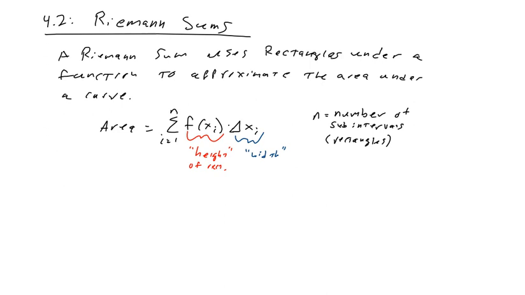So you multiply height times width, and then add up all the different rectangles to get the area. That area represents the approximation of the area under that curve, which is what we call the integral.